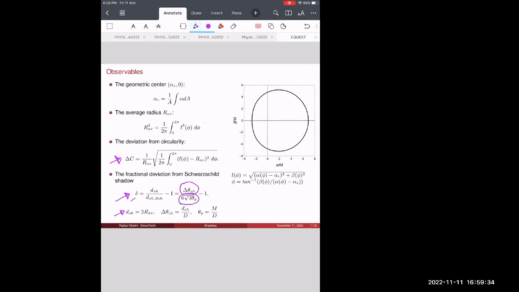The angular diameter of the shadow involves the mass of the compact object as well as the distance. So the EHT group took this mass and distance from other measurements and found delta.